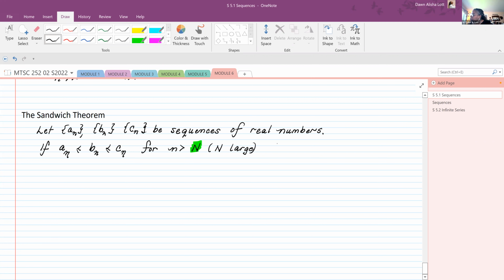And we know that the limit as n approaches infinity of AN is equal to the limit as n approaches infinity of CN is equal to L. So AN and CN both go to L. Then BN gets squashed in between, and it also has to go to L.